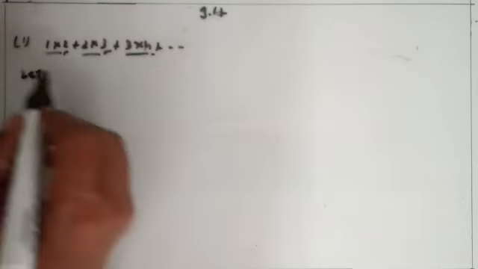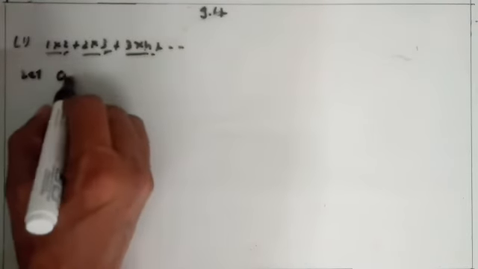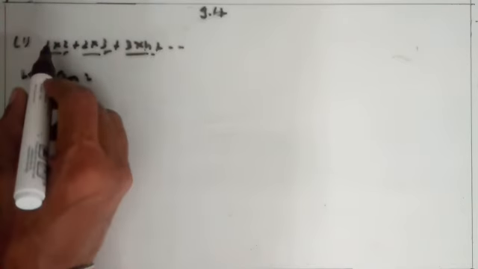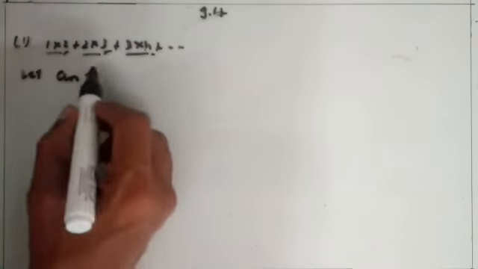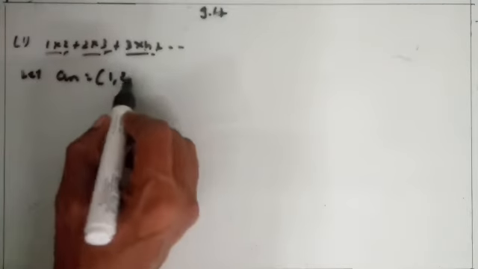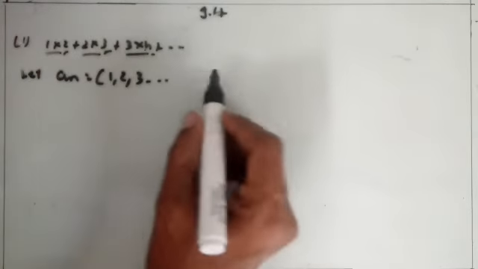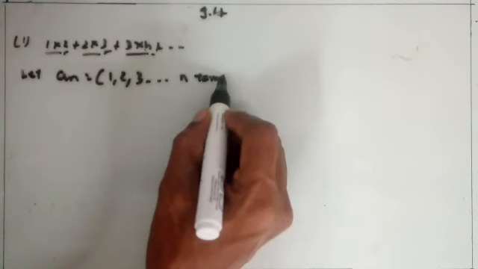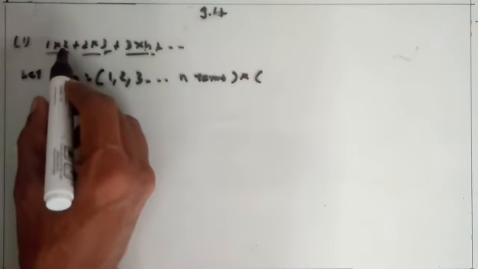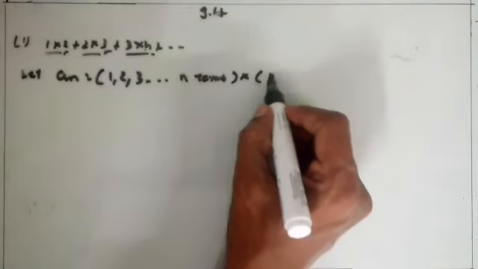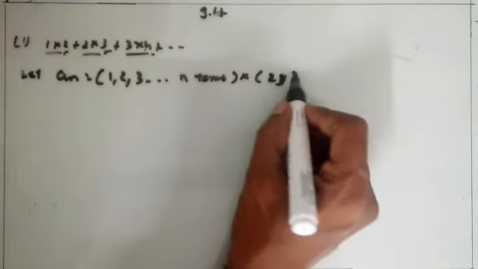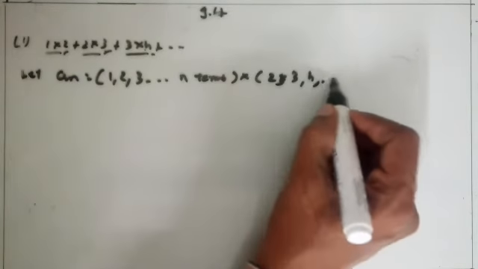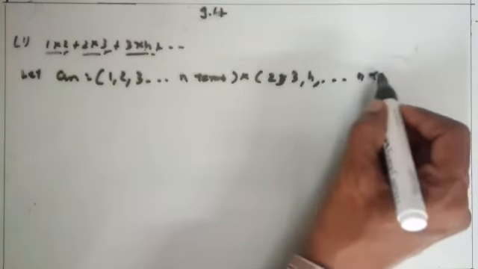Let the nth term an be equal to: in the first bracket take the first term of each, 1, 2, 3 up to n terms, into, in the second bracket, the second terms of each, 2, 3, 4 up to n terms.